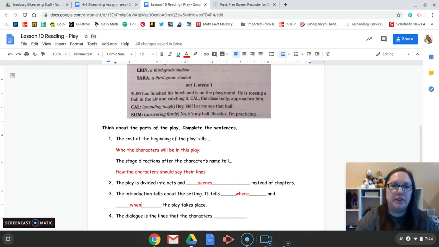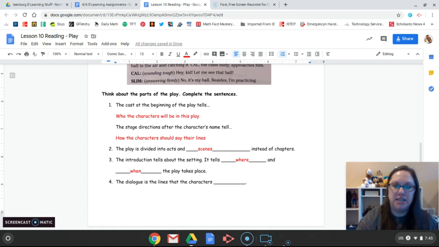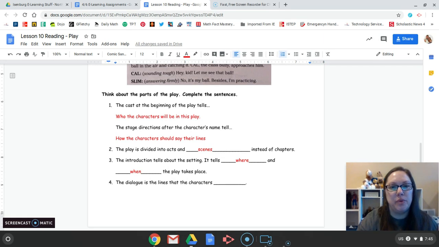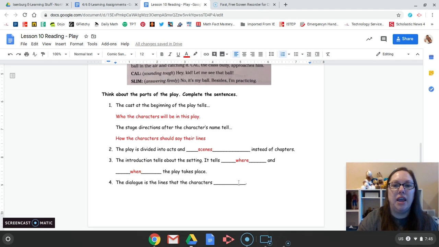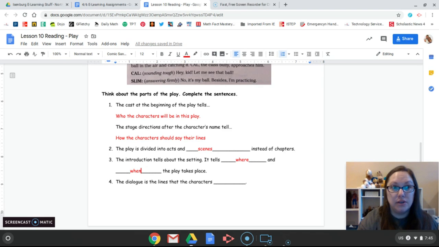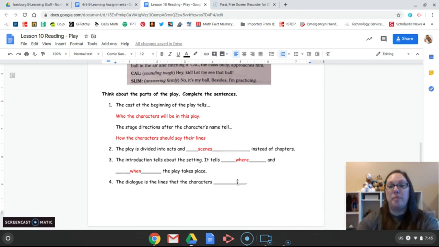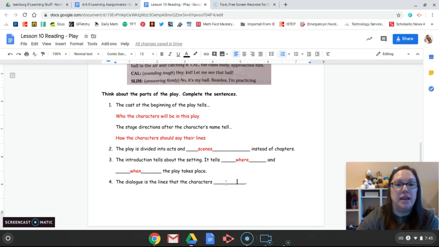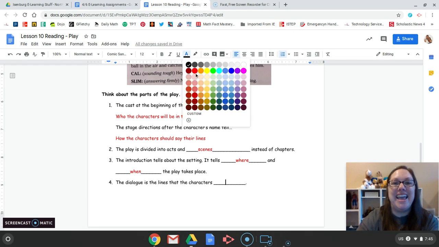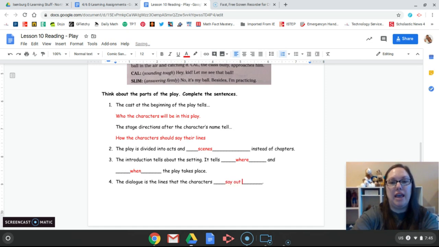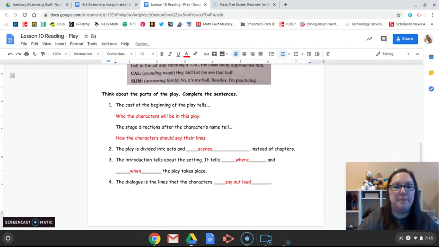So just like a regular setting in a story, it tells you where and when the play is going to take place. So setting really isn't very different between different types of text. Then number 4 says the dialogue is the lines that the characters, okay, so that part is going to be the dialogue is the lines that the characters say out loud. Say out loud. Okay. All right.